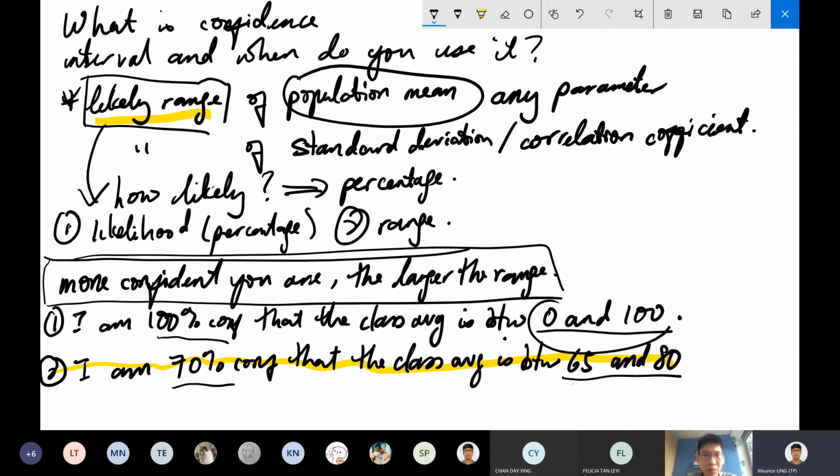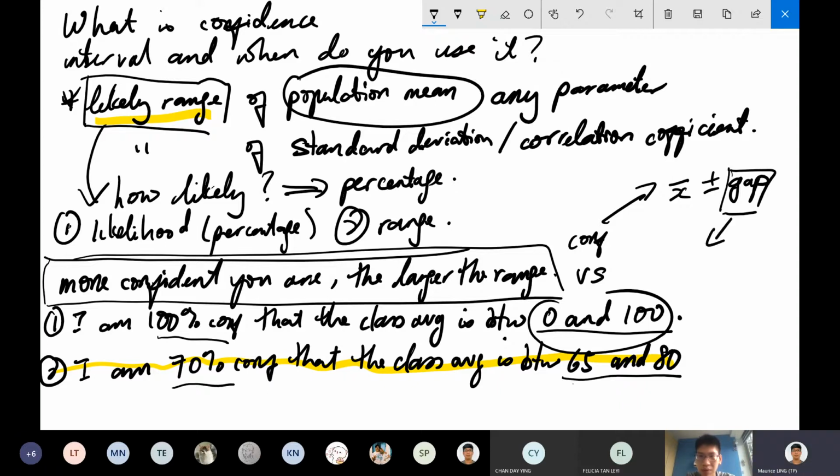And how do you get this range versus the confidence? You use statistics. The confidence interval will be some average plus or minus a gap. This gap is determined by a distribution and a standard deviation.